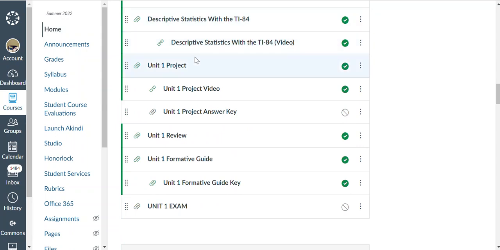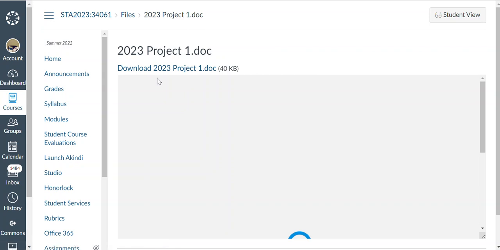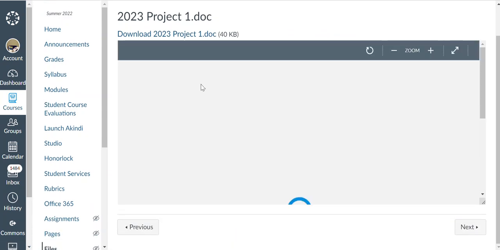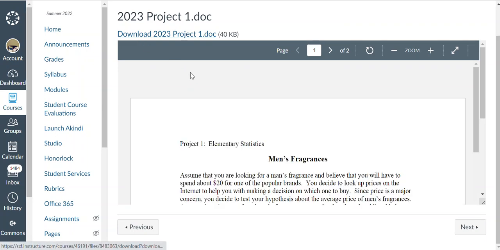Now, the projects, you get points for the projects. So these you need to be able to get to and complete. I'm going to click on this, and we'll see if it opens up in here okay. And again, if it doesn't, you can just download it. It's a Word file.